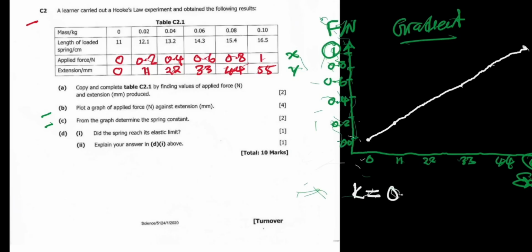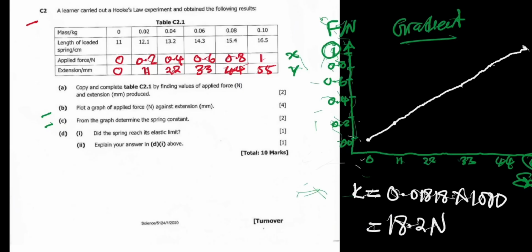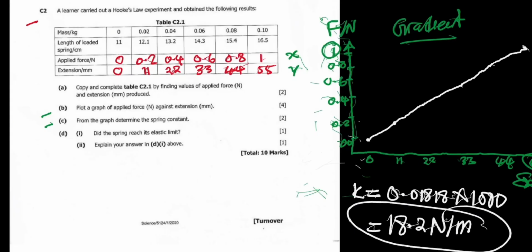So this is going to be 0.01818 times 1,000, and this is going to give us, essentially, 18.2 Newton per meter. So that is the spring constant that we are going to have.